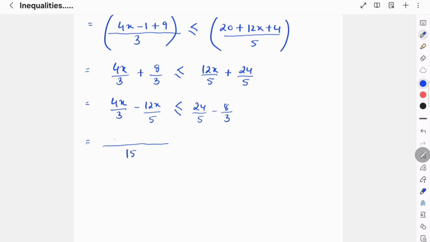So again taking the LCM, we get 15 as the LCM, and on the numerator we get 20x minus 36x, and on the right hand side we get 15 as the LCM, and we get 72 minus 40. So this becomes minus 16x by 15 on the left hand side, and the right hand side is 32 by 15.